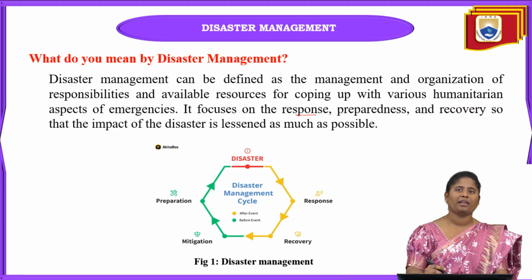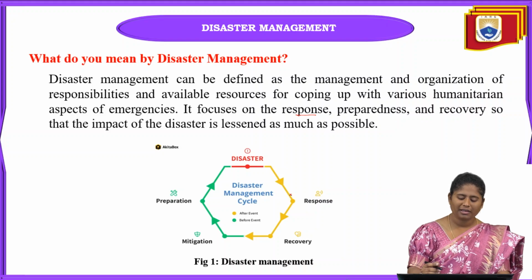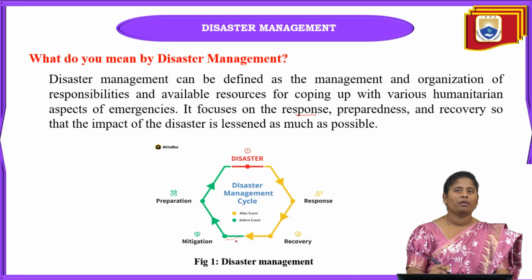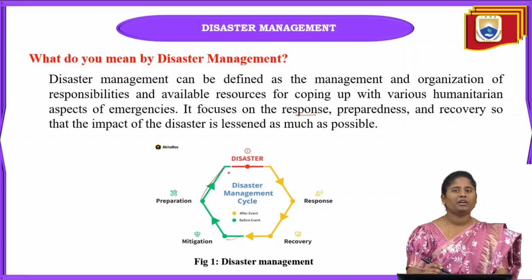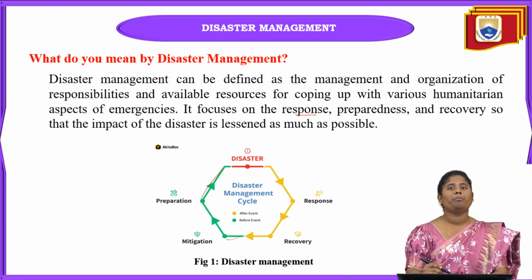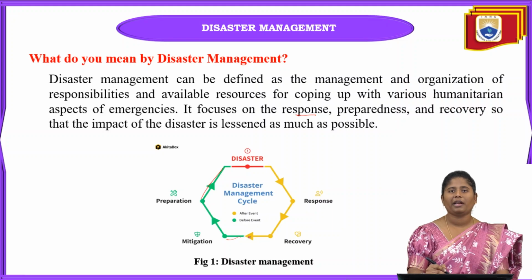In this picture you can see the green color is before the event, and before the event what happens is mitigation. If we want to mitigate the disaster, what are the precautions we have to take? Next one is preparation. If the disaster is definitely coming, what preparation do we have to do? That is called mitigation and preparation.